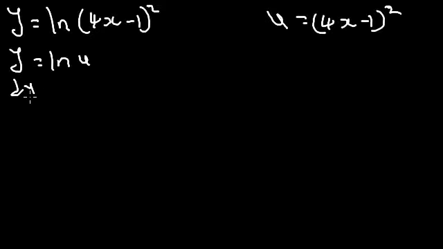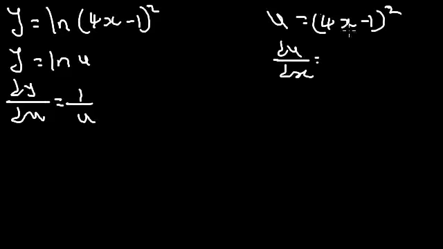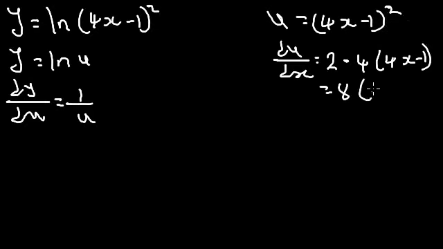So what will be dy/du? That will be 1 over u. Likewise, du/dx. We are using the chain rule here, so the 2 comes first. So we have 2 times the derivative of 4x minus 1, which is simply 4, multiplied by 4x minus 1. Reduce the power by 1, that's just 1. So that's simply 8(4x minus 1).